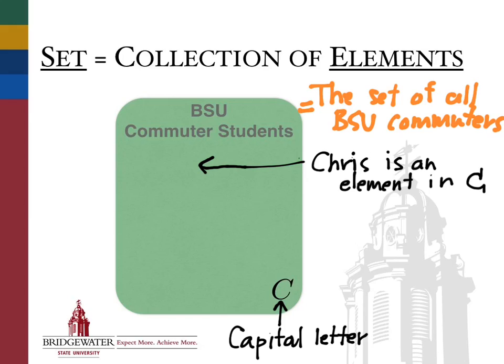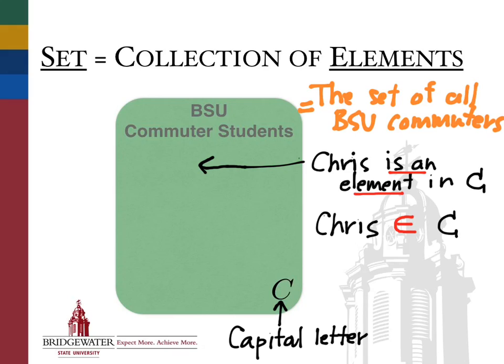And the notation that we use to replace the English phrase "is an element" is a funny looking symbol. It looks like an E because it stands for the word element. And so we would write that, if we were using notation for it, Chris is an element of set C. So there's notation that we can use to express that idea of membership.